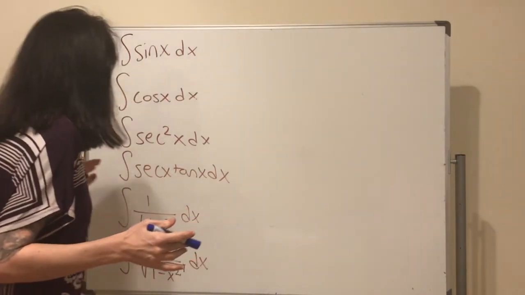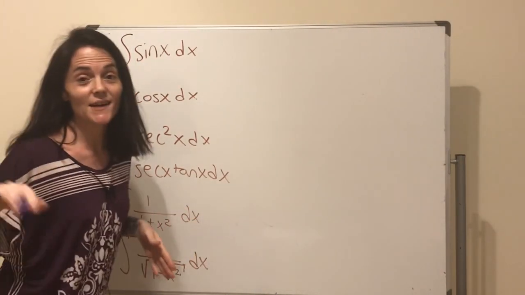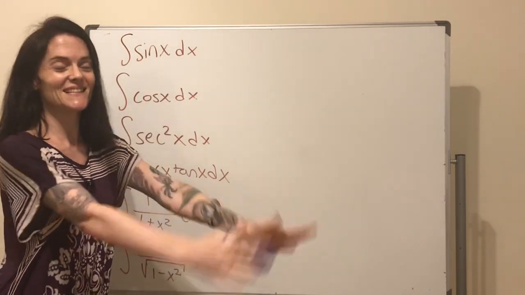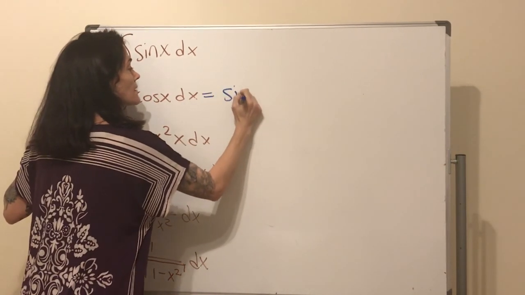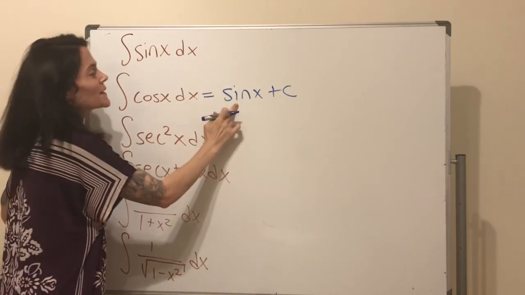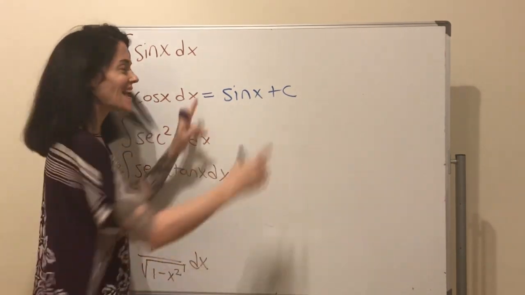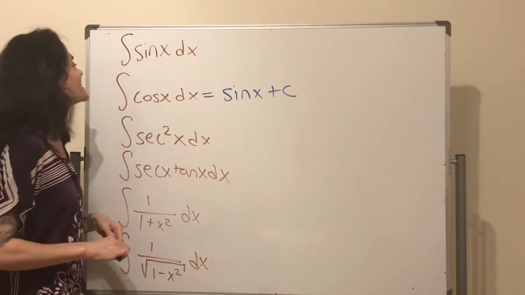So let's start with these two, sine and cosine. We know the derivative of sine is cosine. Immediately that tells us this one, that when we integrate the cosine, we get sine x plus c, because, well, I was just saying, differentiate this, and you get the cosine.